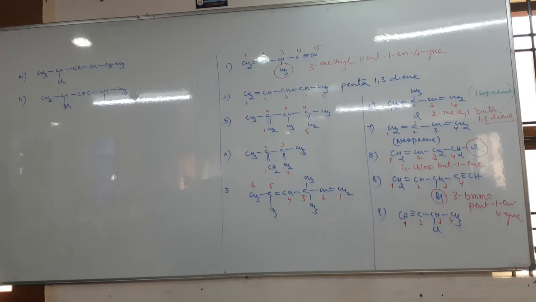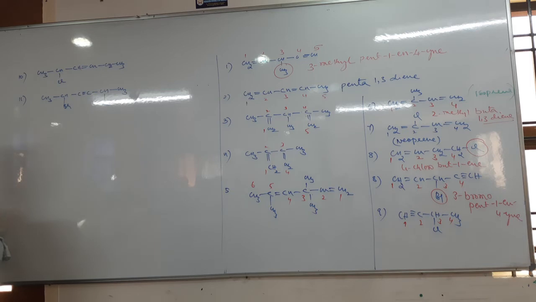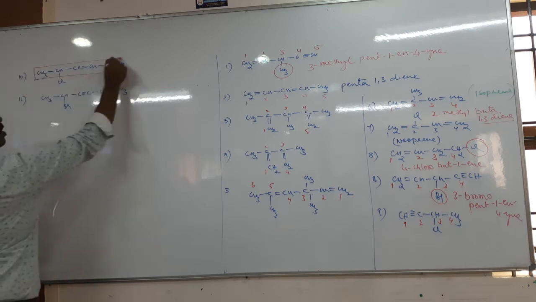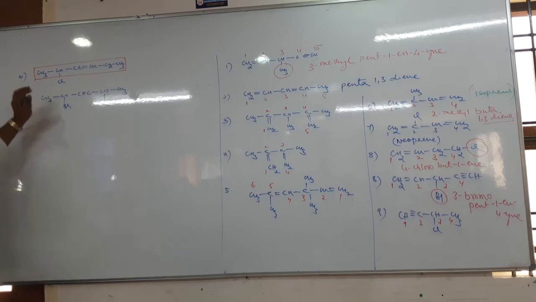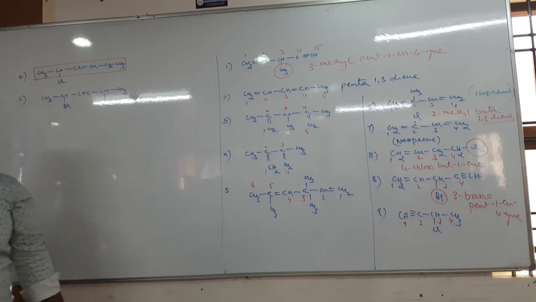Tell me, numbering from right to left or left to right? Left to right, why? See the double bond: 1, 2, 3, double bond 1, 2, 3. So the double bond gets the same numbering from both sides. When the double bond gets the same numbering, we need to see the substituent.